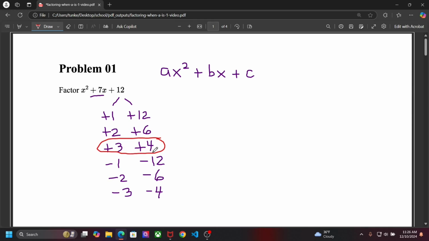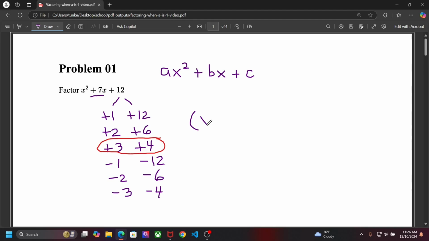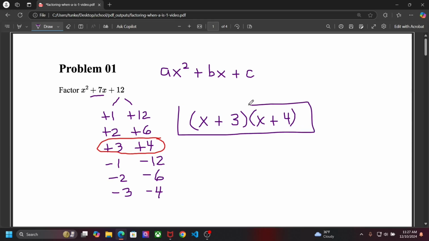We're going to take this pair of factors and write our quadratic in factored form as x plus 3 times x plus 4. And that's it. That is our quadratic in factored form.